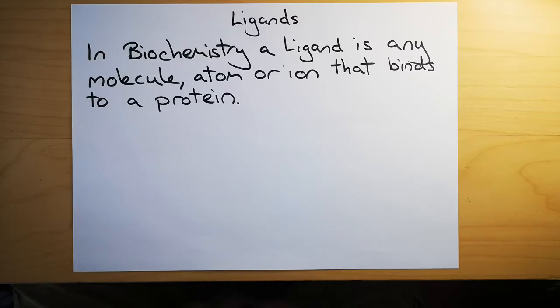The only thing that you'll come across with ligand in advanced higher chemistry is the biochemistry meaning, and that is that any molecule, atom or ion that binds to a protein is a ligand. However, if you're doing advanced higher chemistry, you will come across this word and it will mean a very different thing, almost the opposite thing.